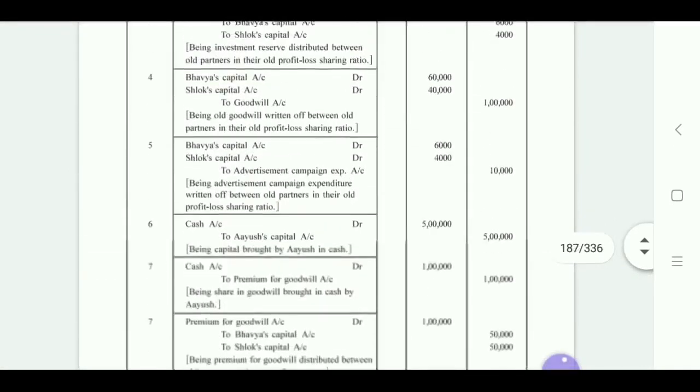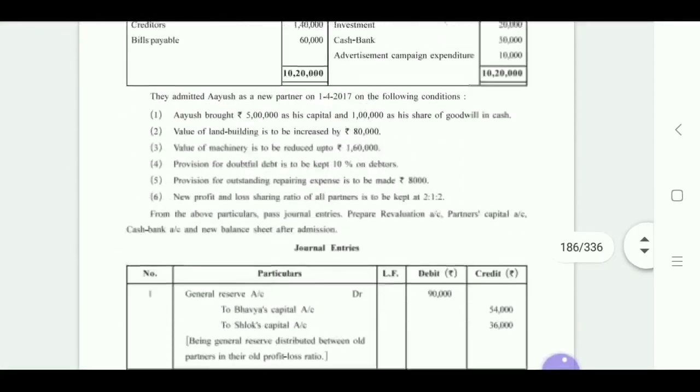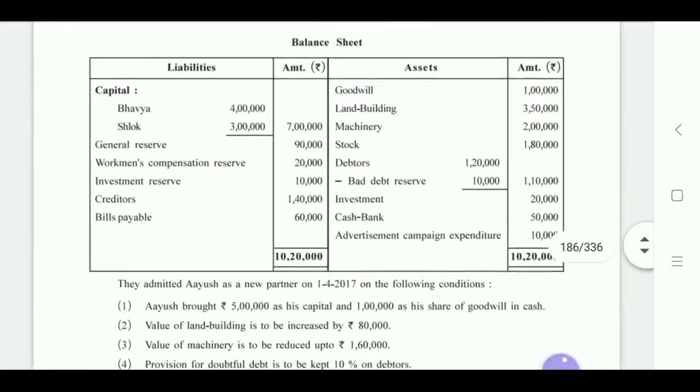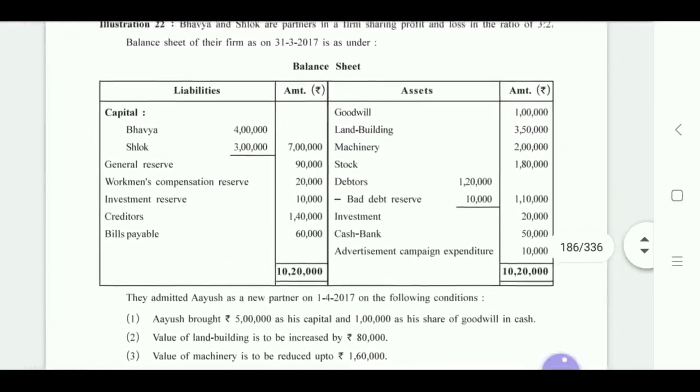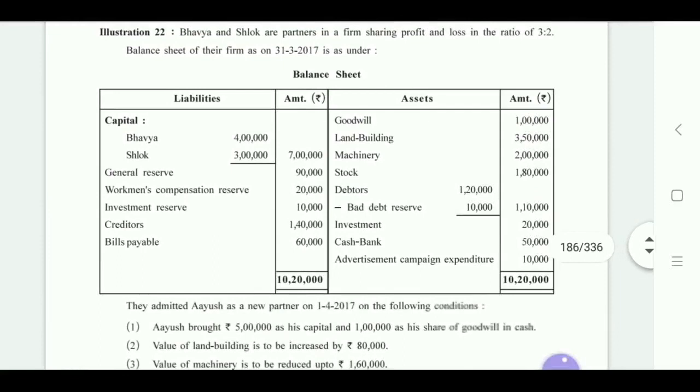Then you are supposed to solve all the adjustments one by one. Make sure you put a tick mark over the items as I said. And then after solving all the adjustments and writing down their new values in the new balance sheet, there will be some items which do not have adjustments attached to them.